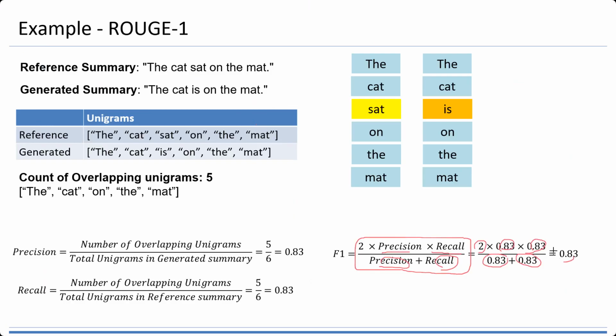Yeah, the F1 score is about 0.83. So we can say that the ROUGE-1 F1 score is 0.83. Is it good? Okay. Based on the definition, if it is nearby 1, then it is good.